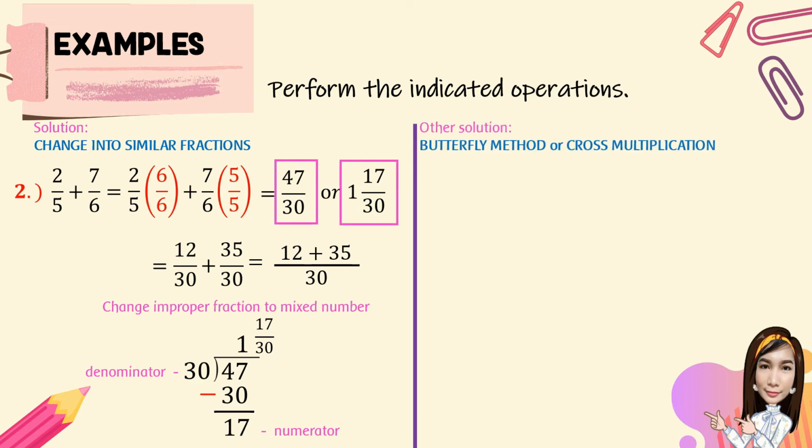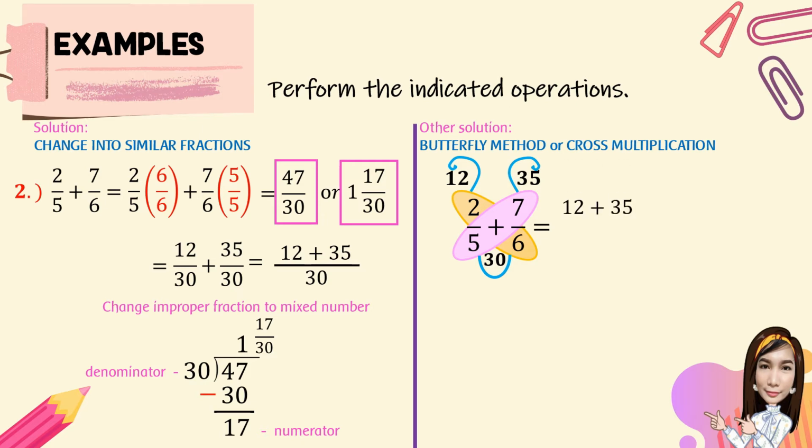For the other solution, we can use the butterfly method or cross multiplication. So given 2/5 plus 7/6, we can cross multiply 2 times 6, that is 12. 5 times 7, that is 35. Then multiply denominators. 5 times 6 is equal to 30.